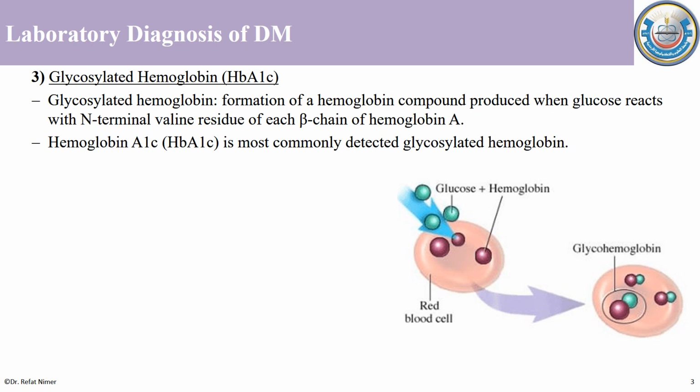The glucose attaches to the N-terminal valine in hemoglobin A, specifically in the subfraction A1C.